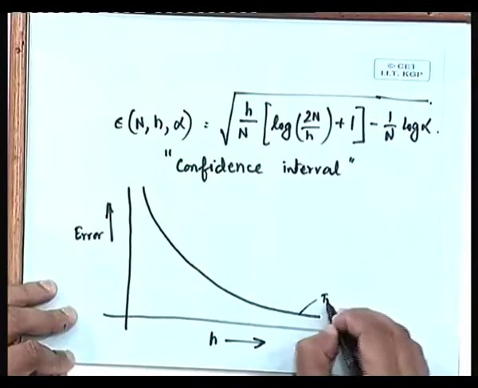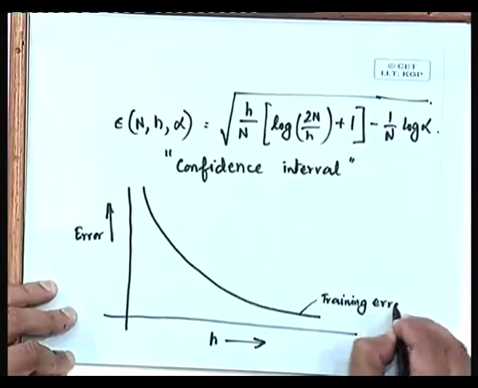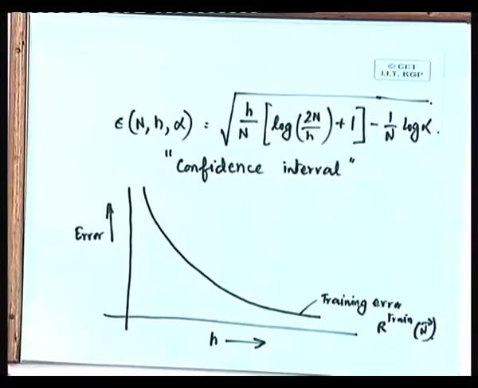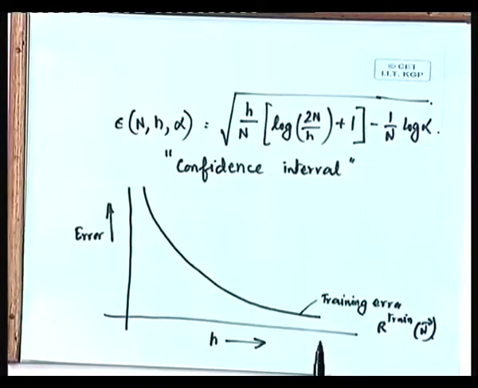So this is the training error, or the R train expression, as a function of h. Now this is the dependence of the training error on h. Definitely we all understand that as h increases, the training error decreases.